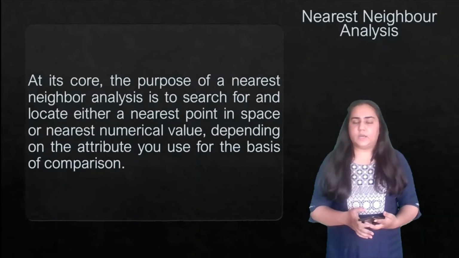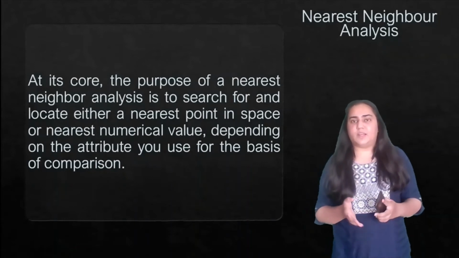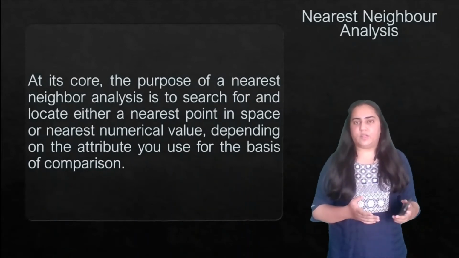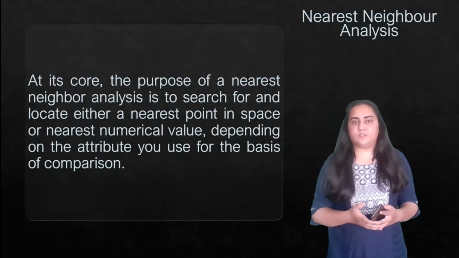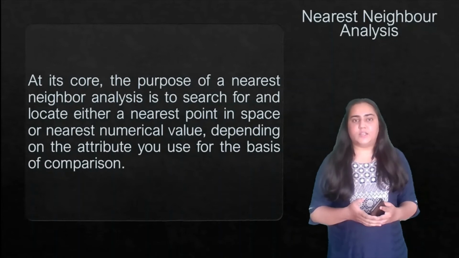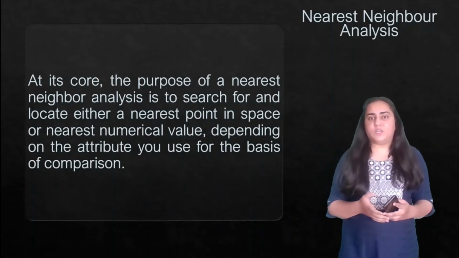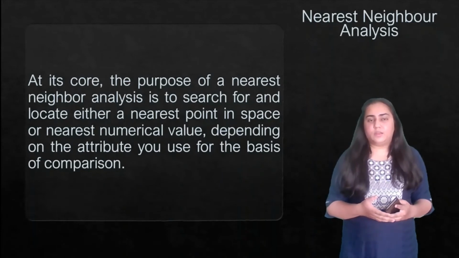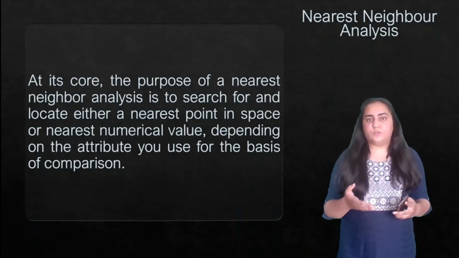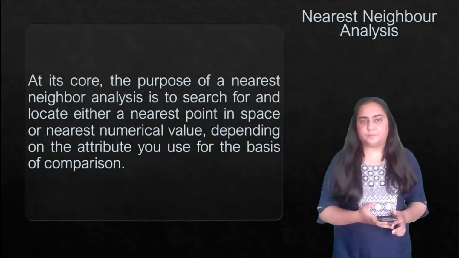Now we're going to see nearest neighbor analysis, which is used for both classification as well as clustering. At its core, the purpose of a nearest neighbor analysis is to search for and locate either a nearest point in space or nearest numerical value, depending on the attribute you use as the basis of comparison.